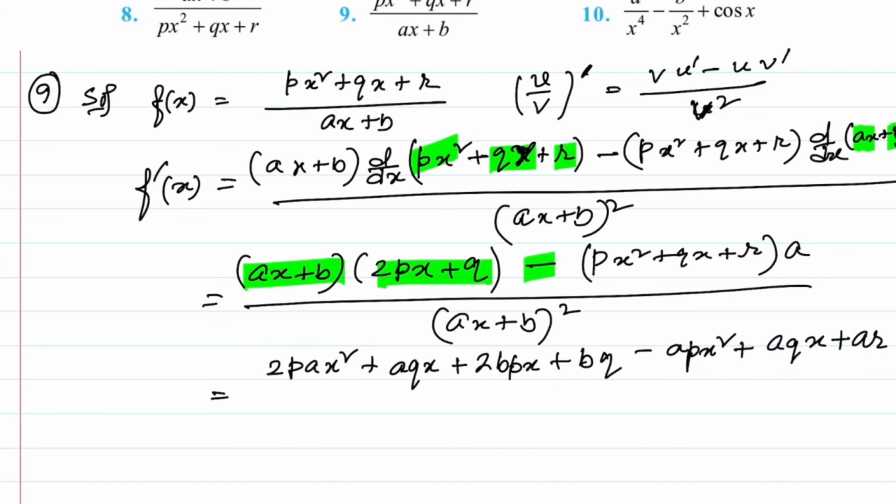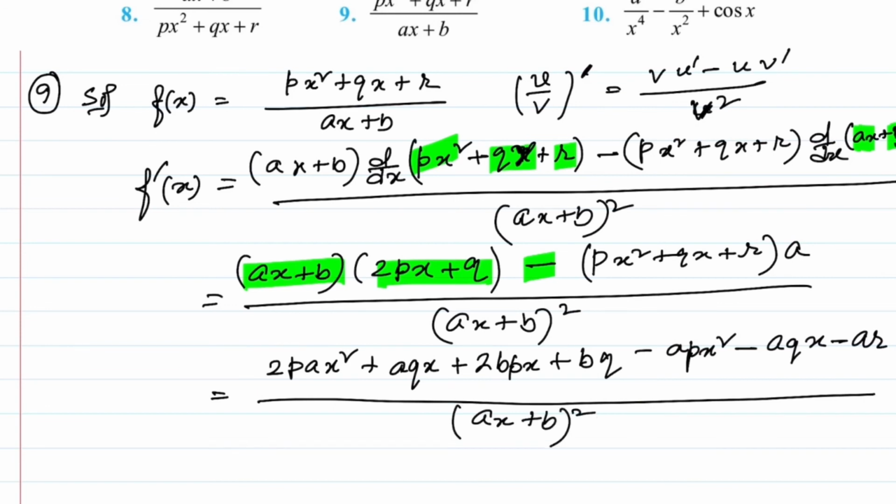So here you see, as it is negative, these positive signs turn out to be negative. Over ax plus b whole square.